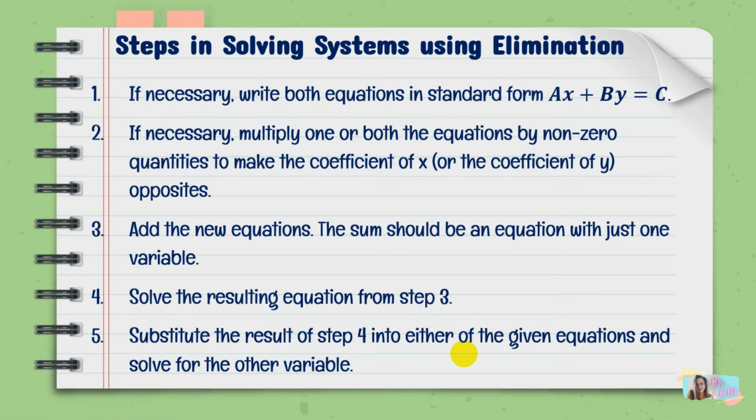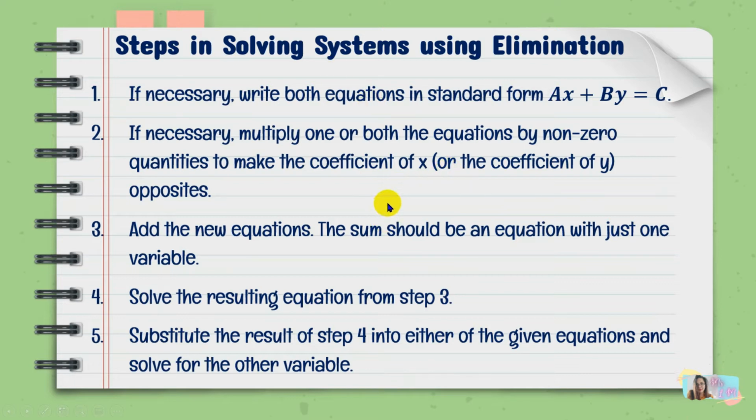At doon po natin makuha yung ordered pair that will be considered as the solution to the given system of linear equations. And also, sa step 6, hindi ko na lang po nailagay dito, you can always check if that ordered pair is the solution to the given equations. Check nyo kung kapag sinubstitute nyo si x at si y on both of the equations ay masasatisfy pareho ang equation. So those are the steps in solving systems using the elimination method.